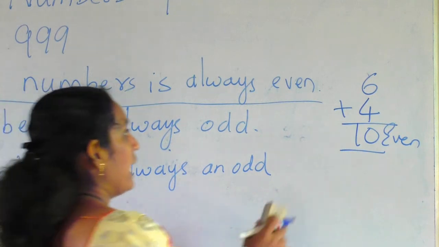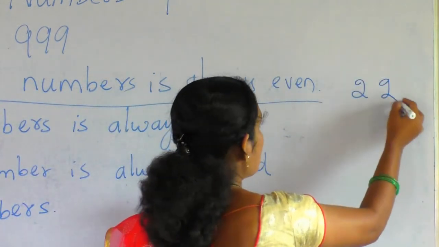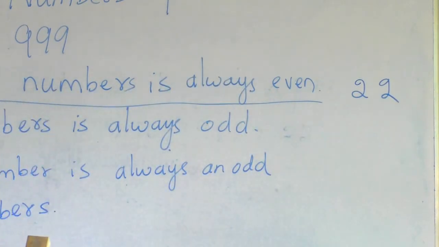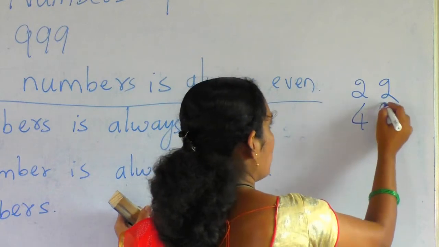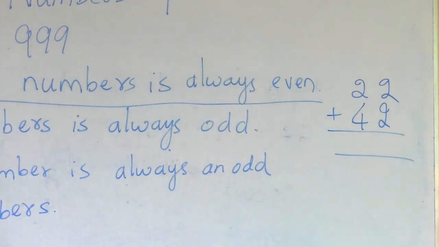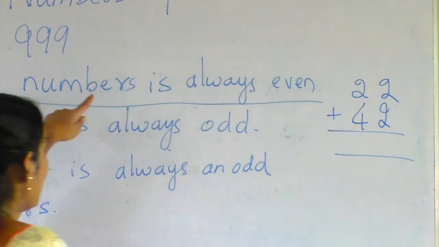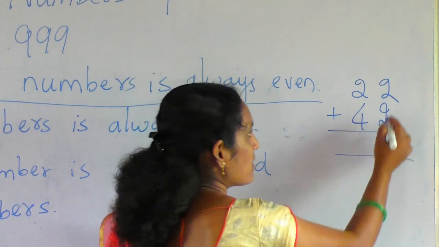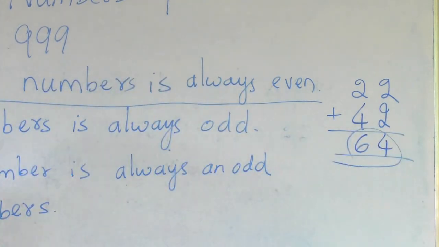Understood? Sum means addition. If you take 22, it is an even number. You take 42, it is an even number. If we are adding, sum of two even numbers is always even, means the answer is even. 64 is also an even number. Understood?